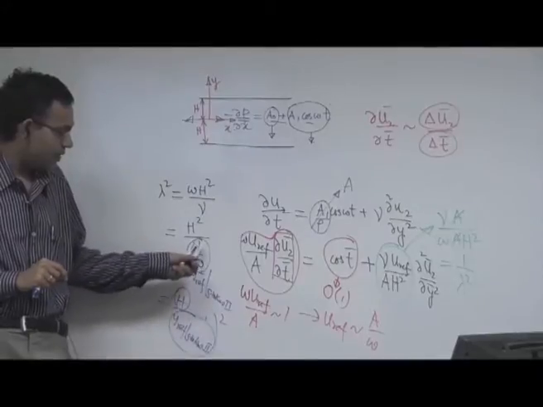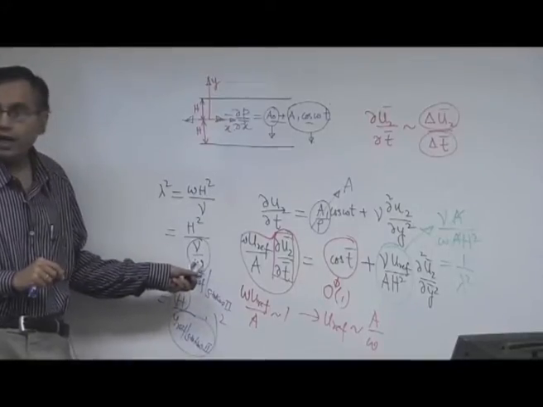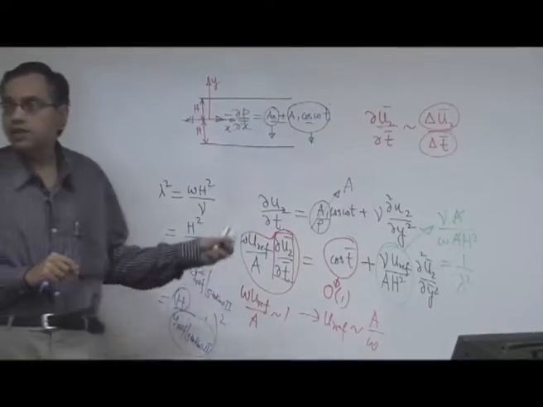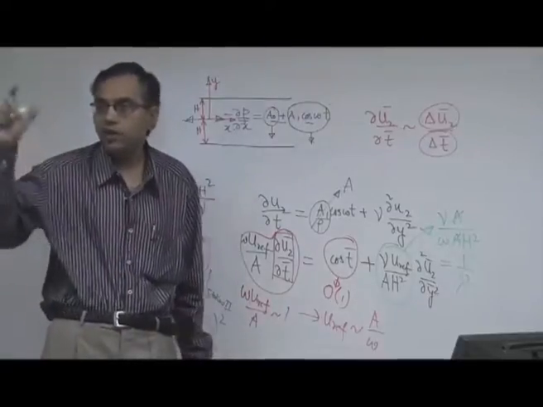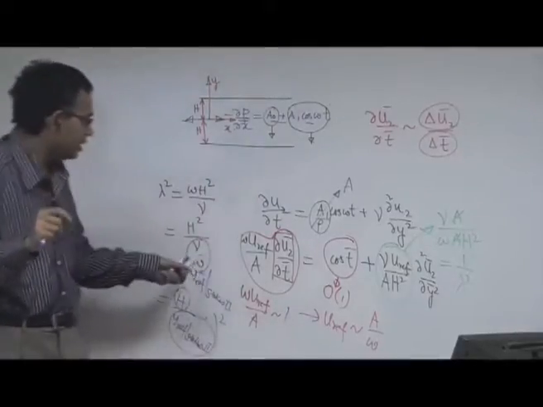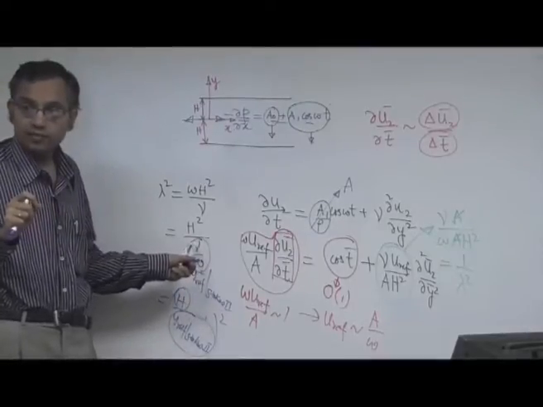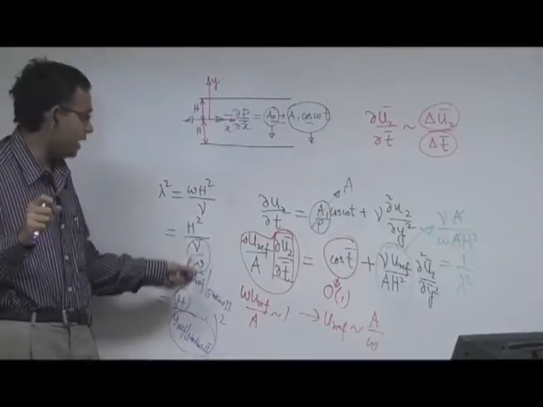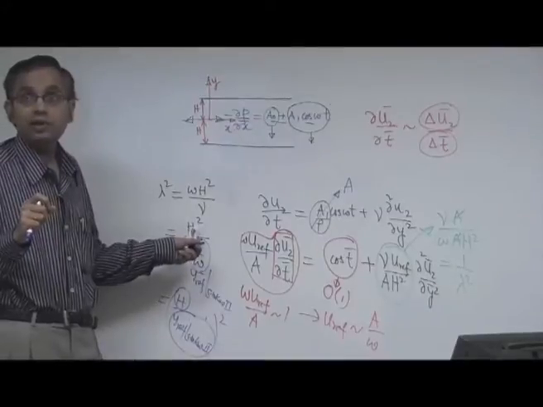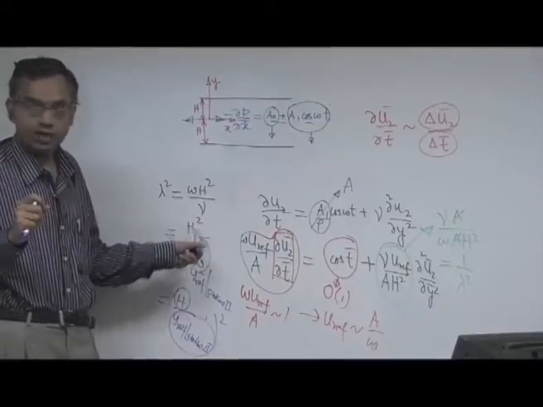Even if you keep that fixed, but omega, whether this is hertz, kilohertz, megahertz, depending on that you have to figure out what this length scale is, take the square root of that, and then compare that length scale with the confinement. Okay.